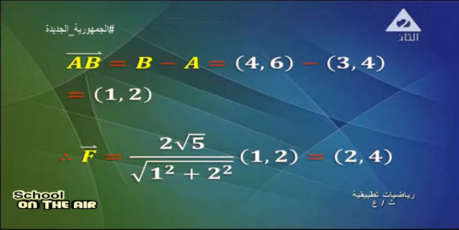Therefore, we deduce that the vector F equals 2 root 5 over the square root of 1 squared plus 2 squared, times (1, 2). Remember, the denominator, square root of 1 squared plus 2 squared, equals root 5. We simplify 2 root 5 over root 5 equals 2. Therefore, 2 times (1, 2) is (2, 4). Then the force F is (2, 4).